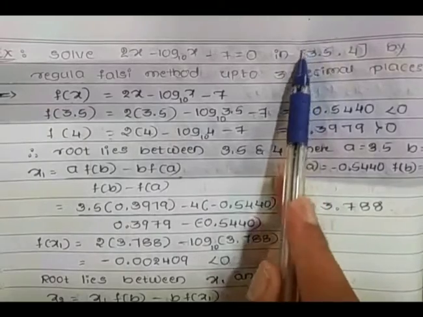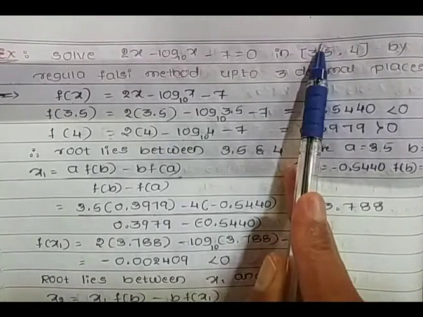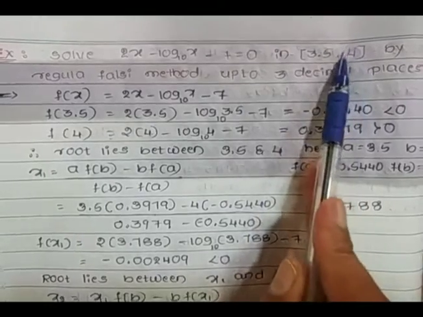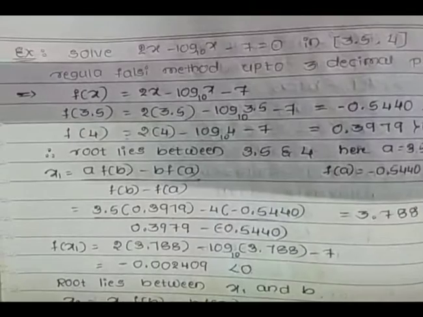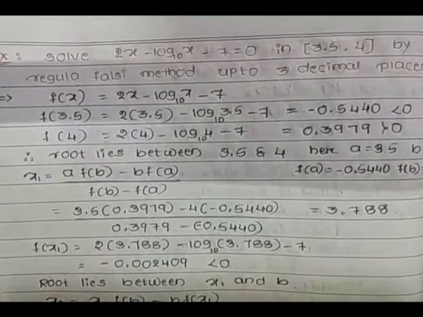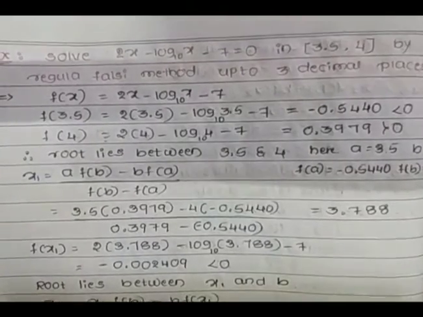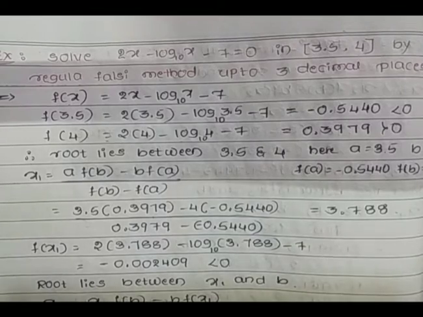So if the interval is mentioned, then consider the first term, 3.5, as your a value and 4 as your b value. In the previous class we have already discussed how to solve any given equation using the regula falsi method. In the previous two classes we discussed algebraic equation examples. Now here it is a transcendental equation.